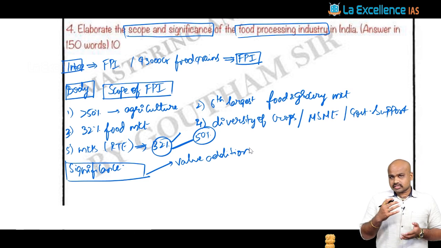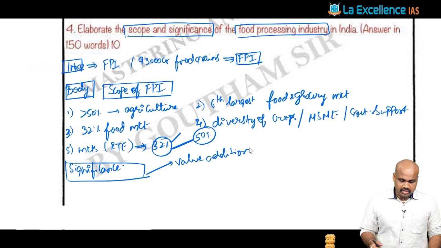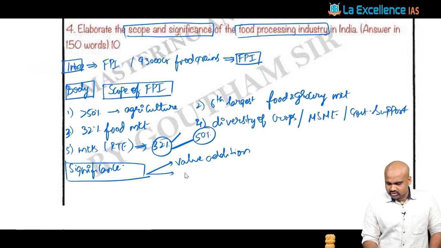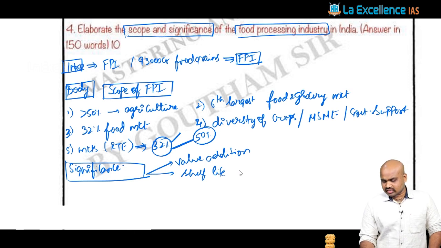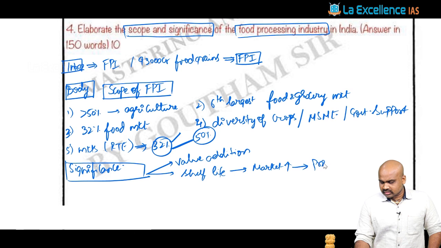There is so much of an increase in value addition. Then it also enhances the shelf life, and as the shelf life is enhanced, the marketability increases. As the marketability increases, the profit margins also increase for the farmer, and the farmer's income increases.